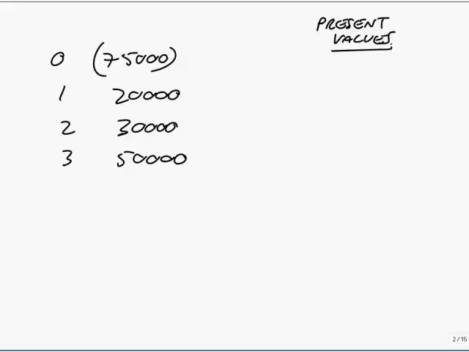We multiply in each case by the discount factor. We want the equivalent amount now. 75 now is 75 now, no problem. But when we come to 20 in a year, we need to remove interest. The equivalent amount now is going to be smaller.